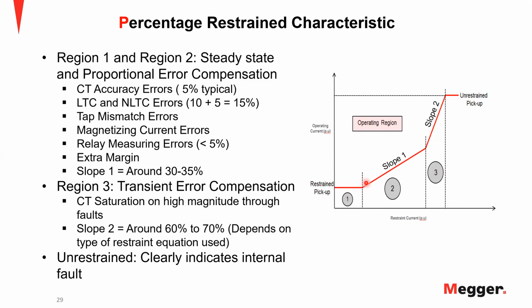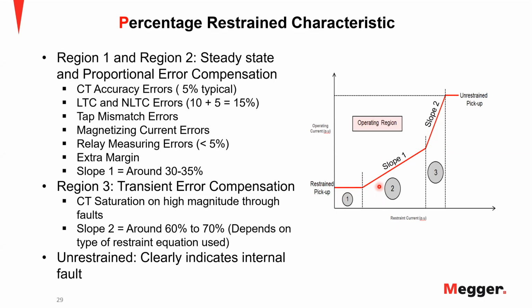And the second line you see here is your slope 1, followed by a second slope and an unrestrained pickup. So based on the currents that the relay receives, it's going to calculate the restrained current and an operating current and put that calculated plot on this characteristic here. So if my plot falls below this characteristic, it is called the restrained region. The relay will be restraining and not tripping.